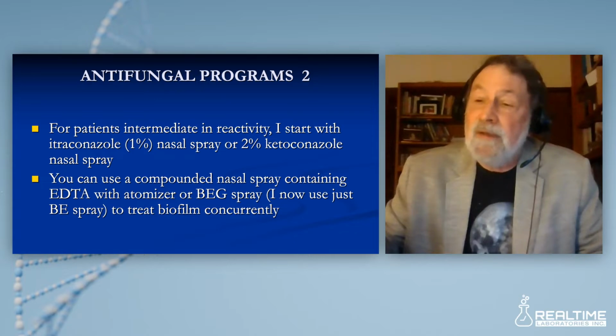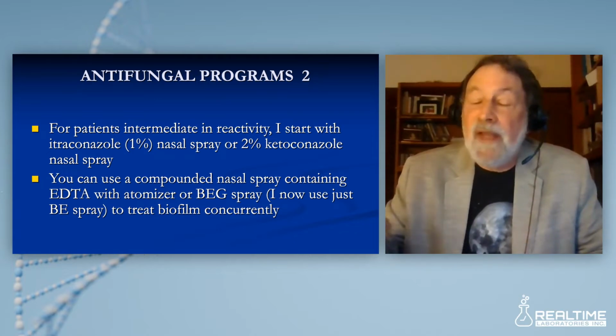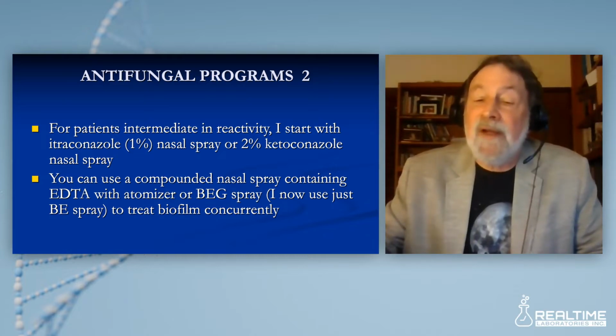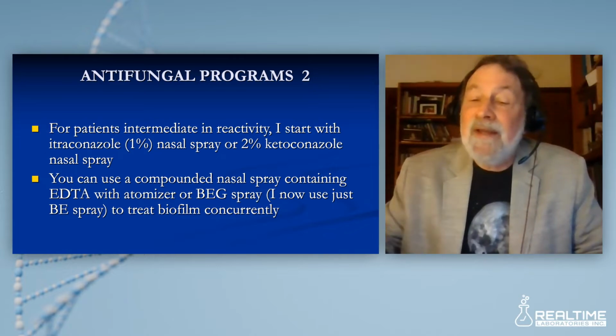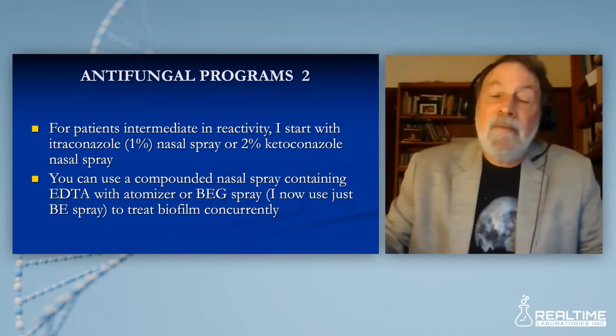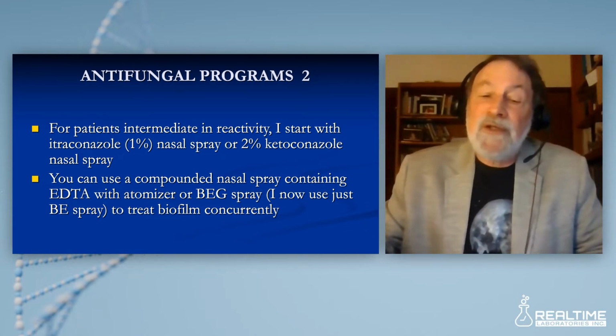Now you then want to add a spray that has biofilm dissolving agents, because mold and candida and some bacterial species make a great deal of biofilm, which can prevent the antifungals and the immune system from getting at the mold and candida. So we typically will add EDTA into an atomizer or nasal spray. Originally, we used what's called BEG spray, which is bacitracin, EDTA, and gentamicin.